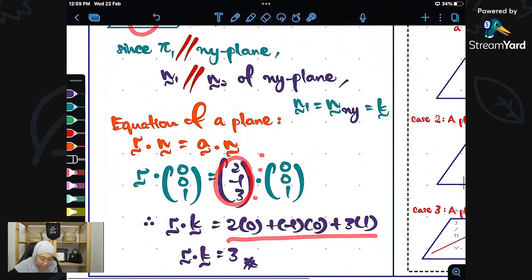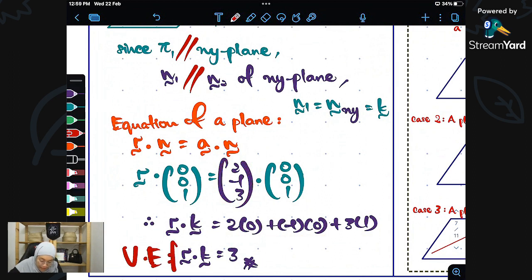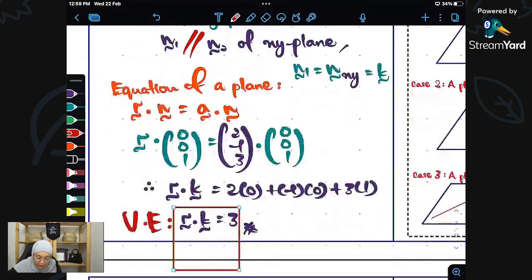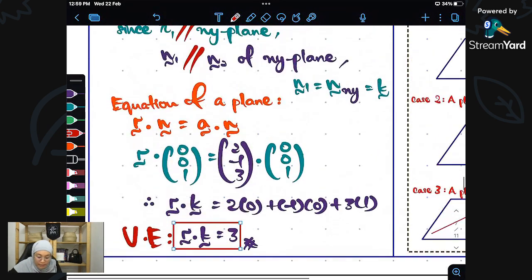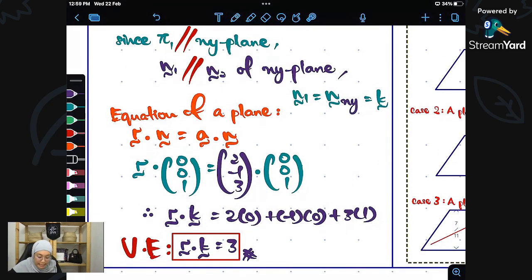Therefore the answer in VE. The answer must be in VE ya. So the answer, this is the answer dalam bentuk VE. So you jangan terkejut kalau saya tulis dalam VE sebab soalan yang minta kita tuliskan dalam VE. So R dot K, this is I is 0, J is 0, therefore IJ dah tak ada, tinggallah K sahaja.